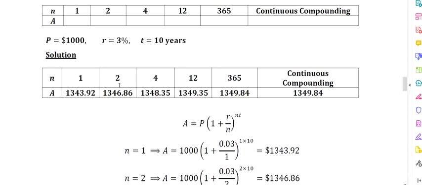It might tell you in the problem that the interest is added 2 times per year or half yearly. Then the problem tells you in an indirect way that n is equal to 2. If it says quarterly, then it's equal to 4. If it says monthly, then it's equal to 12. If it says daily, then it's 365.